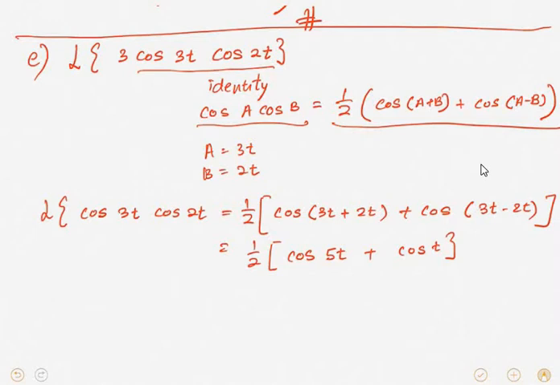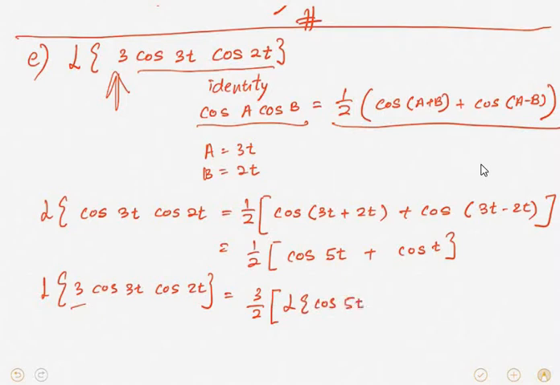So this is what we obtain for cos 3t cos 2t. Don't forget the question has a 3. So the Laplace transform of 3 cos 3t cos 2t will be 3 over 2. The 3 we transfer to here, and then the Laplace transform of cos 5t, we separate it, and then cos t.